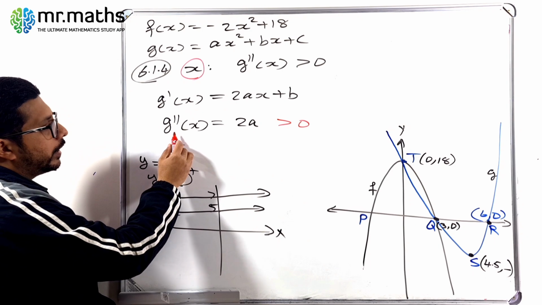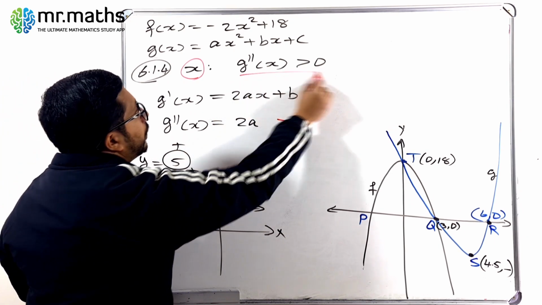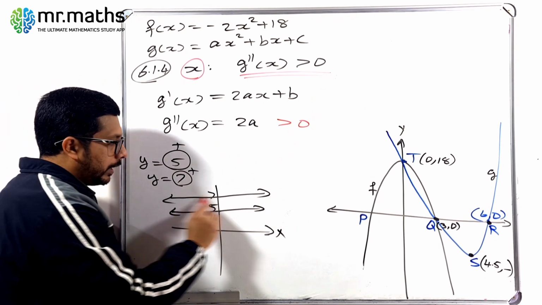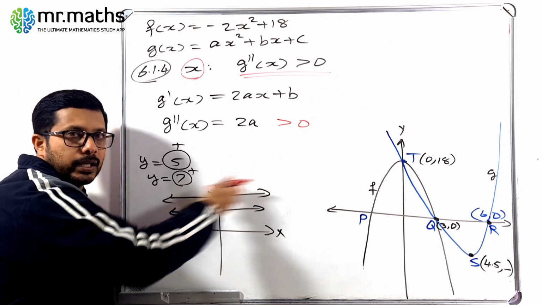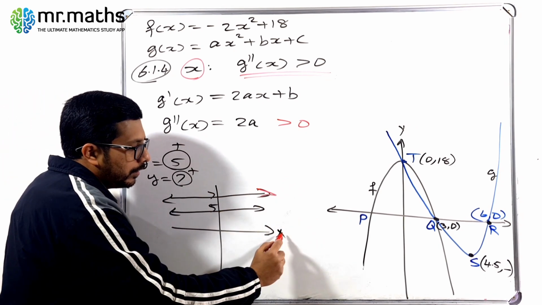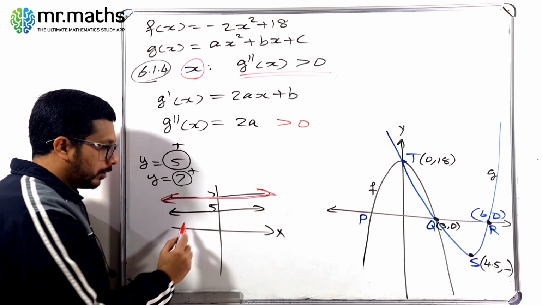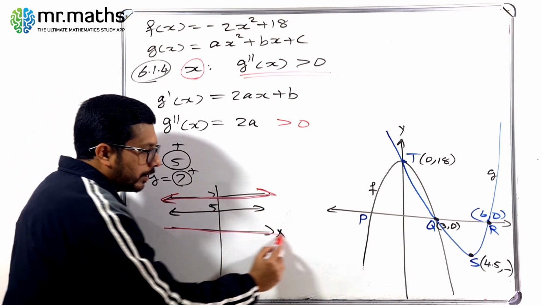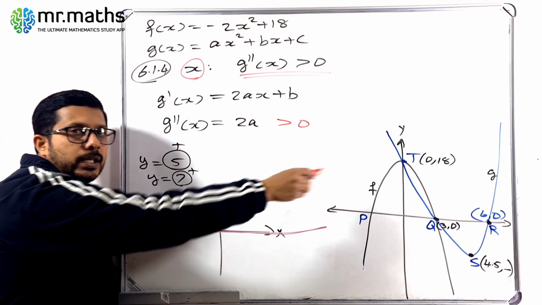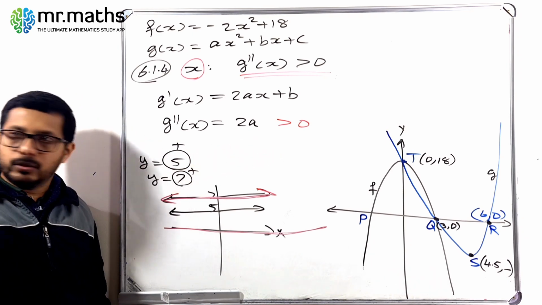So we can see that g double dash of x is positive, or here it is also given that it is greater than 0. That means the line is parallel to the x-axis. This is the x value, right? It can take any real number on the number line. If it is positive, it can take any real number because it is going parallel to the x-axis to both sides.